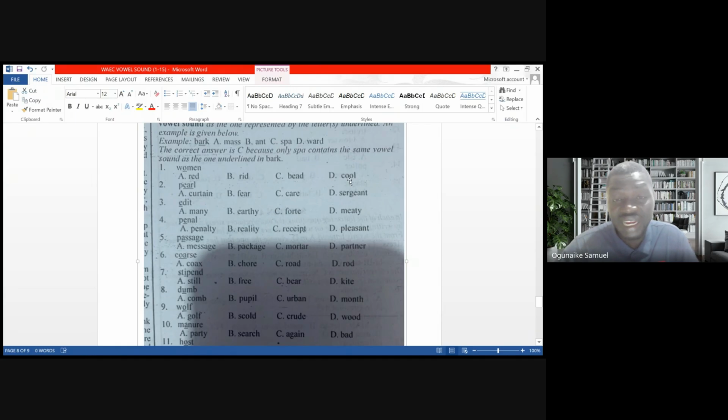So this is simple. The answer is D. Very easy. So anytime it seems like there are two answers, it means there is a short one and a long one. You now need your understanding of the letter combinations to say, okay, is it short or long? It will be long. Long will be the answer to long. Short will be the answer to short, and not the other way around.